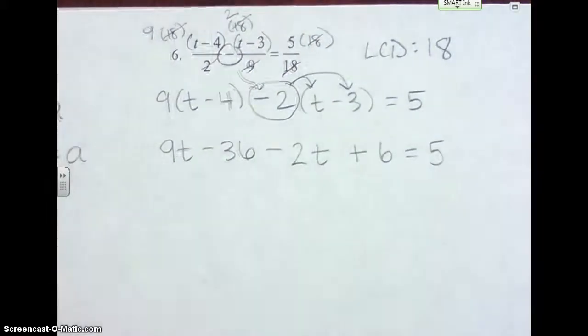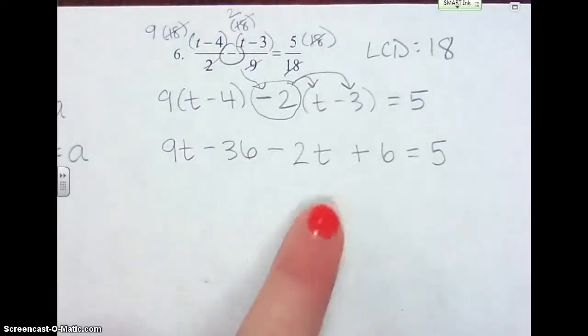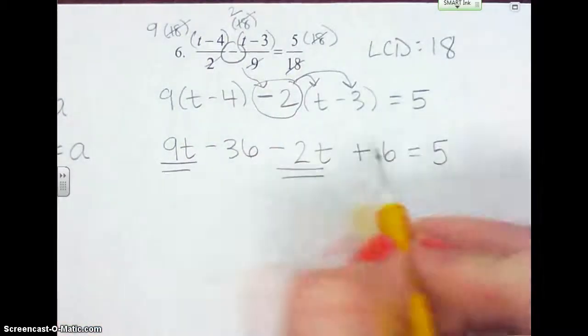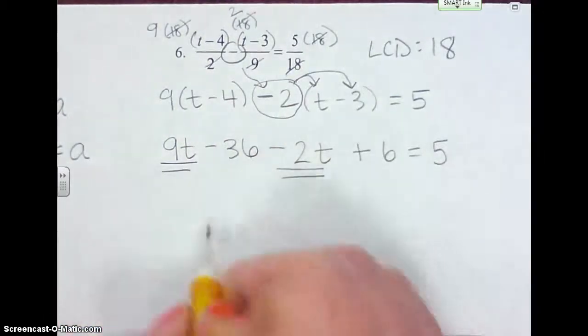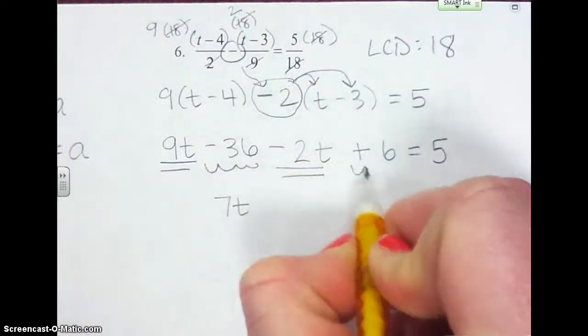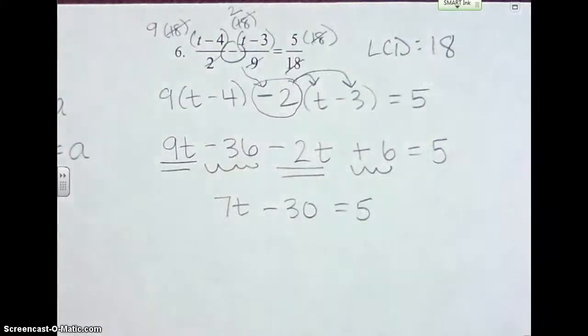Any questions on how to get any of these pieces right here? We okay? So combine like terms. 9t minus 2t is 7t. Negative 36 plus 6, negative 30 equals 5.